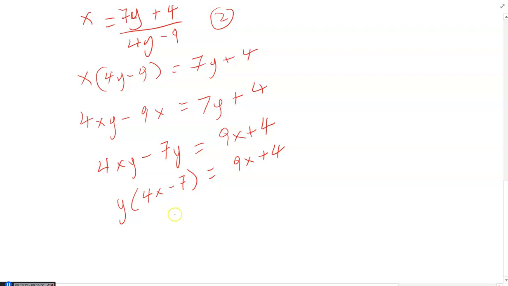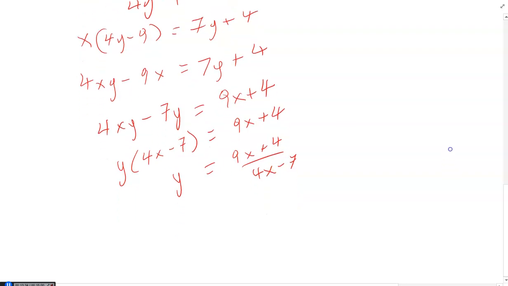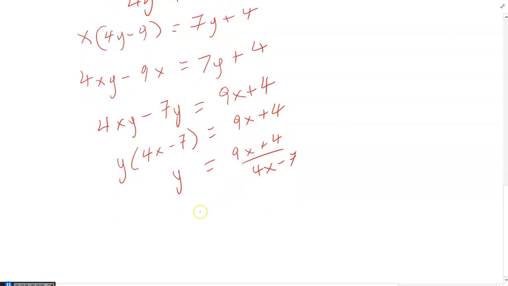And so finally, divide both sides by 4x minus 7, and y will be equal to 9x plus 4 over 4x minus 7. And then we replace y with f inverse of x in our final step.